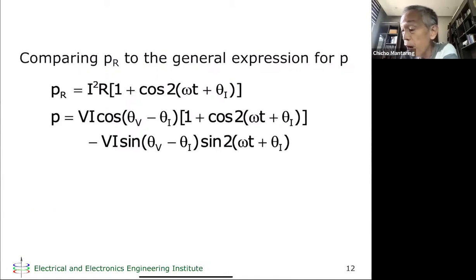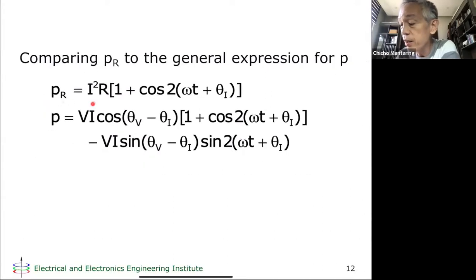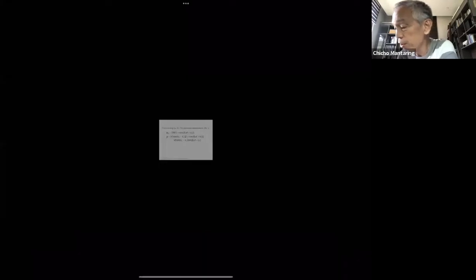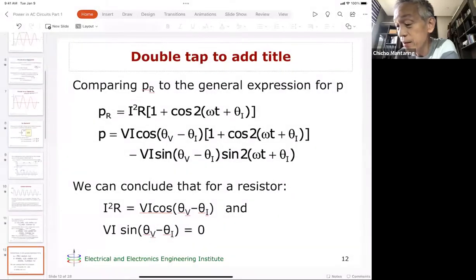Comparing P of R to the general expression for P, ito dinerive natin to kanina. We derived this earlier. Just to show you where we derived that, it is here, no?